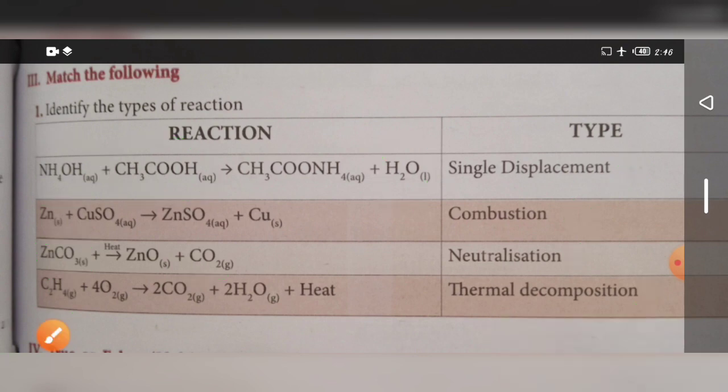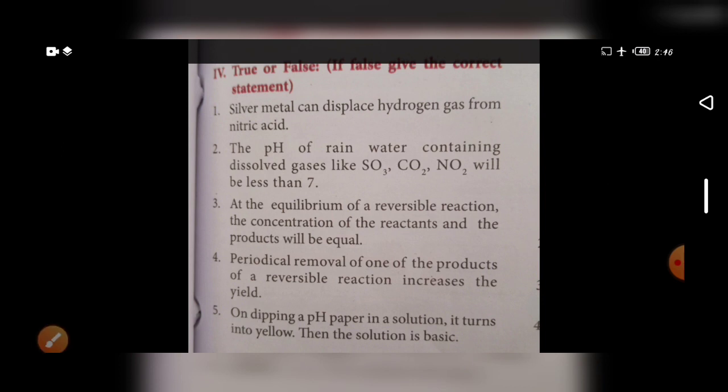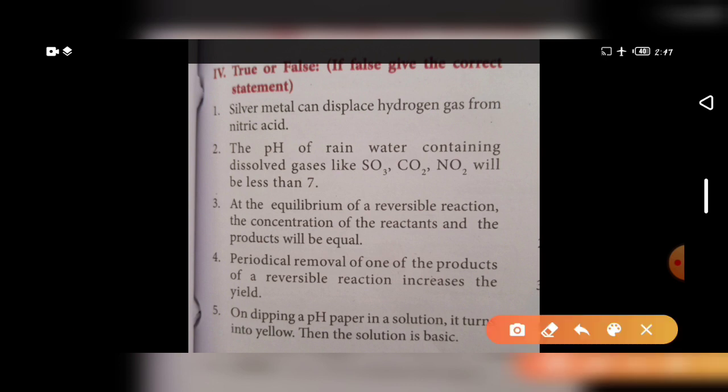Okay, next we go to true or false. If false, correct the statement. Silver metal can displace hydrogen gas from nitric acid. Silver metal cannot replace hydrogen gas from nitric acid because silver is less reactive, so it does not displace. So you have to change can into cannot. Okay, next, the pH of rainwater containing dissolved gases like SO3, CO2 and NO2 will be less than 7.